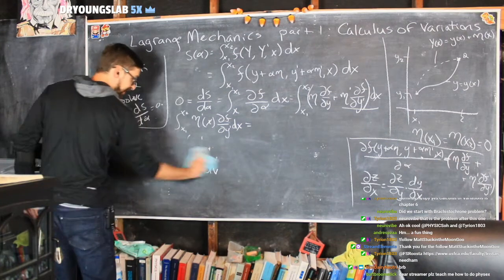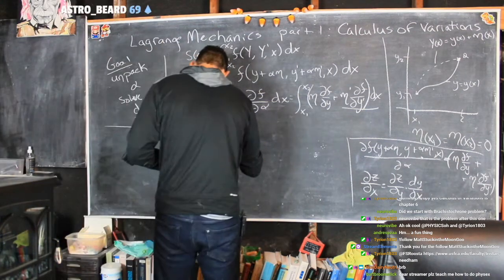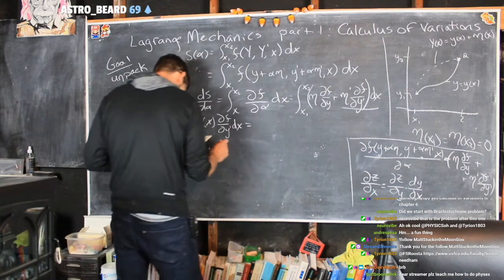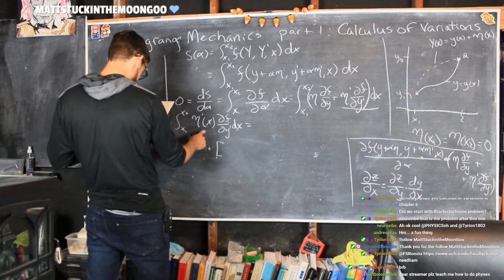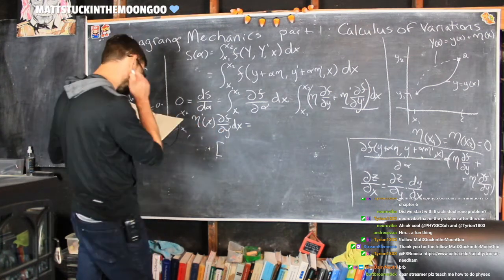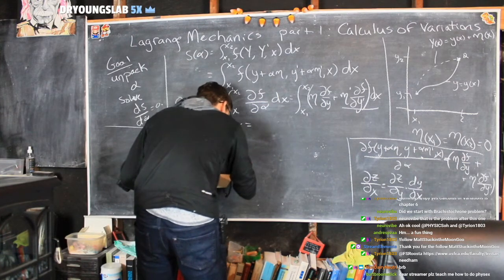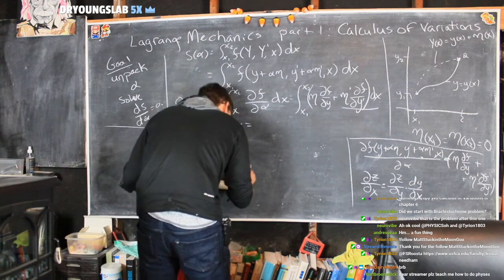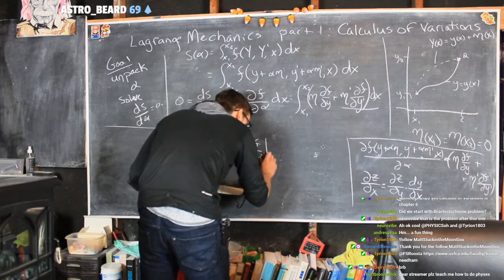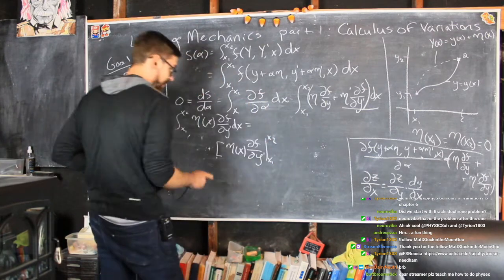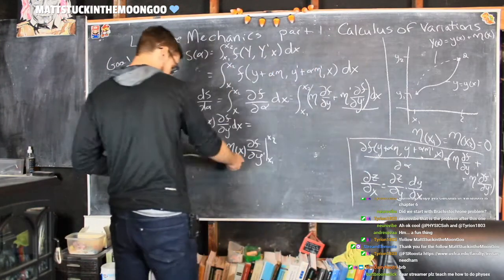I got to erase this so I have room to write. We're going to get that this is equal to, so if this is our v and this is our du, then we'll get eta of x times the partial of f with respect to the partial of y prime evaluated at x1, x2. Notice that if you evaluate this at x1 and x2, this is 0. So this term's going to go away.